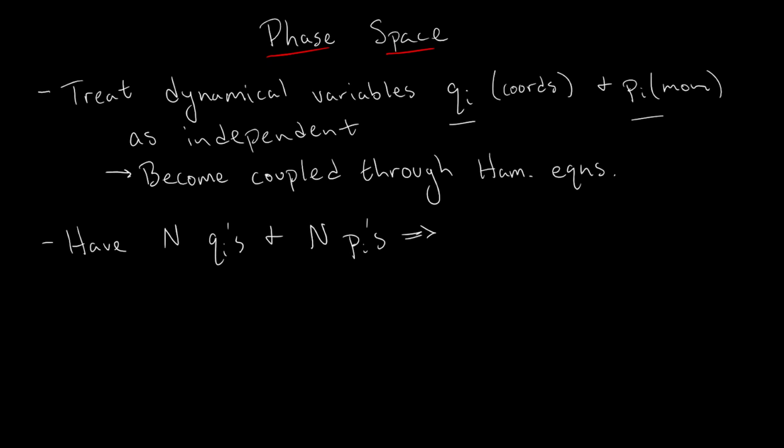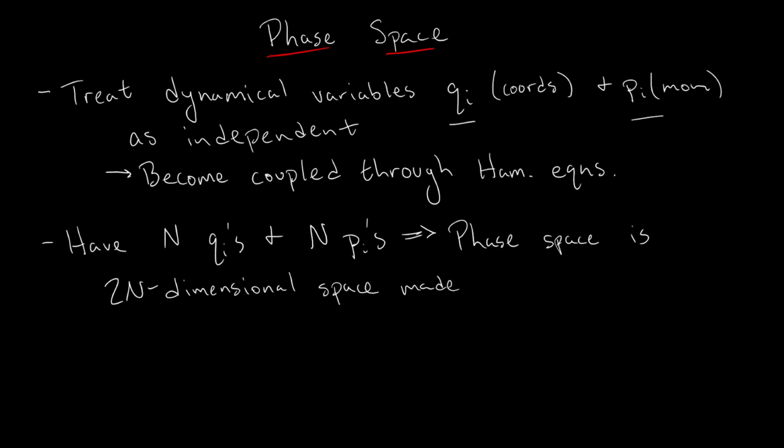So our phase space is the 2n-dimensional space made of all of the q's and p's.